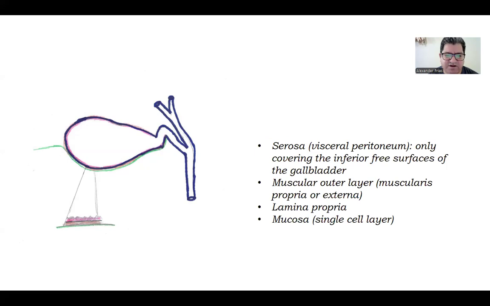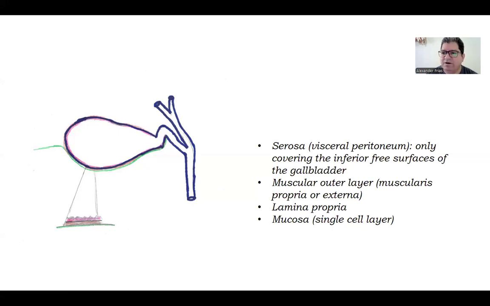If there is any inflammation here or any tumor, because tumors infiltrate and also attack the nearby organs, for example inflammation here shares the inflammation with the peritoneum and justifies the symptoms that this patient will feel when any inflammatory disease of the gallbladder appears.